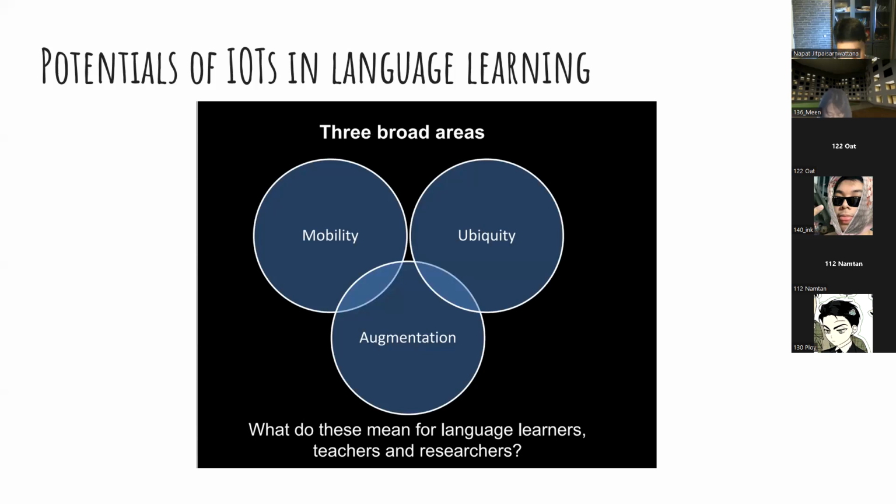So I think we can classify the potential of IoT language learning into 3 broad areas: mobility, augmentation, ubiquity, right? And I'm going to talk about each of these in more detail.